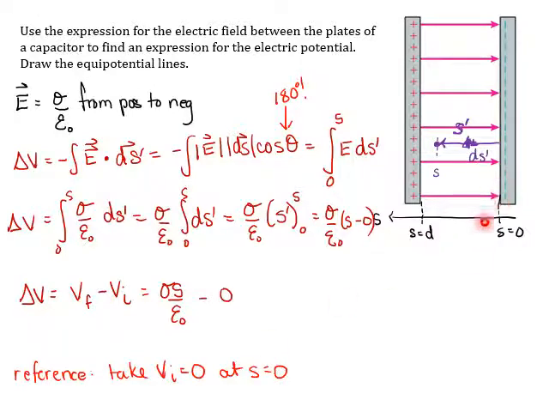So this spot we're going to say has 0 potential, so this whole term is 0. And then just to simplify, instead of writing V_F, I'm just going to write that as V. So now my final result is that the potential at some point between the plates is V equals sigma times s divided by epsilon naught, where s is your distance from the negative plate.